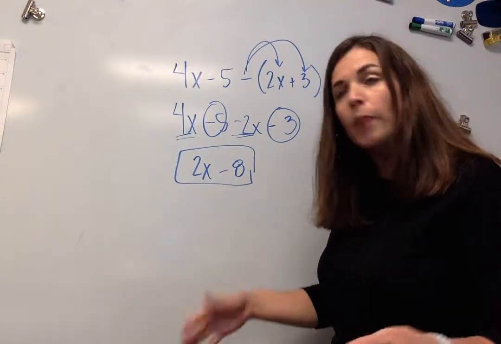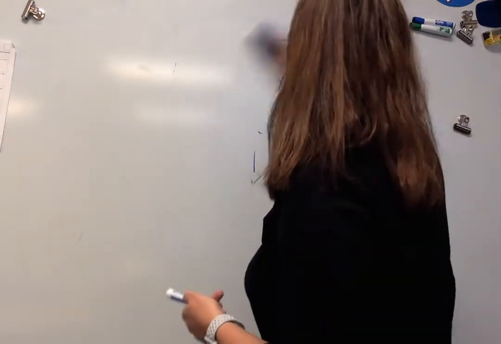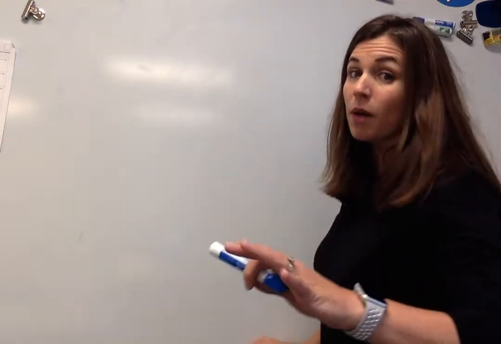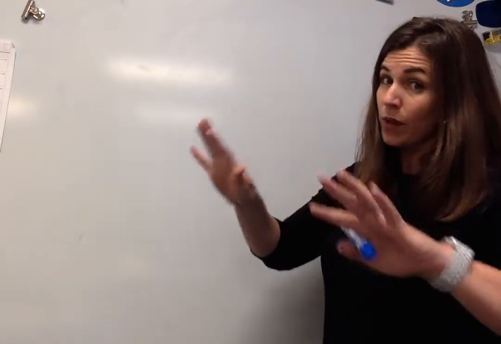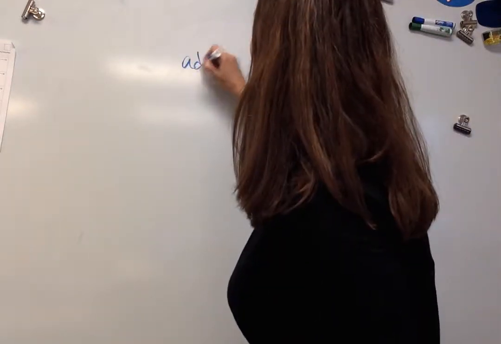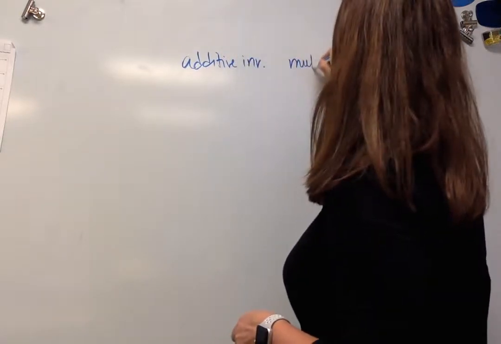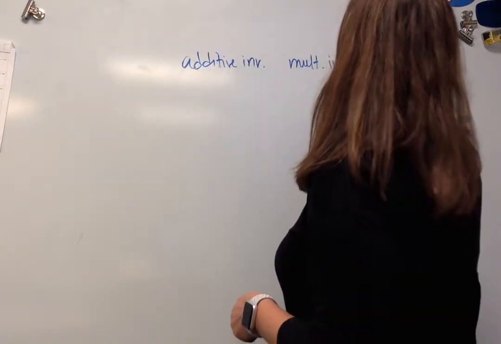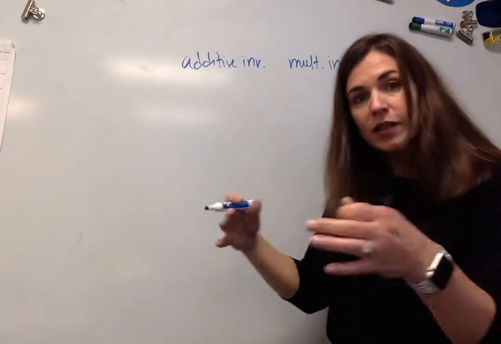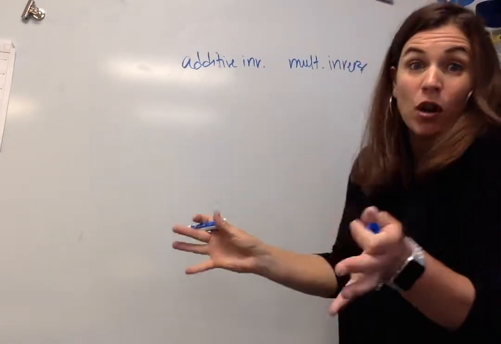Another one is the properties. You've got to know your properties. The two biggest properties that we will talk about through the remainder of the year are additive inverse and multiplicative inverse. The reason they're so big, and especially in this next unit, is because we do it all the time.